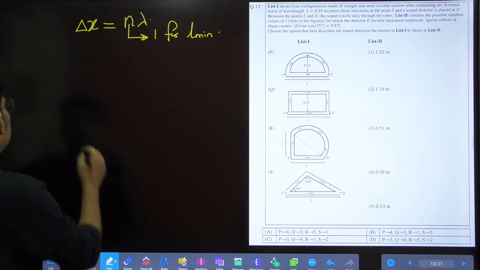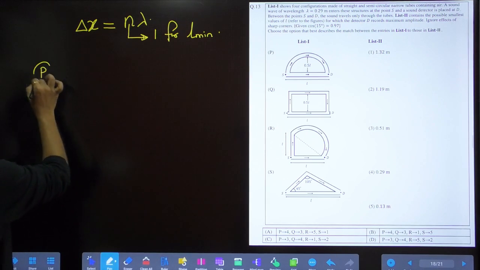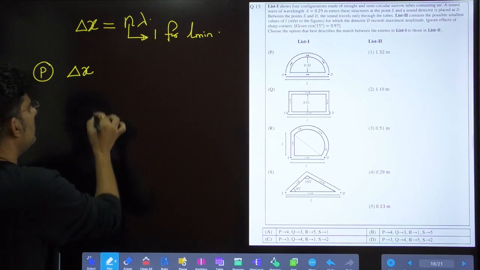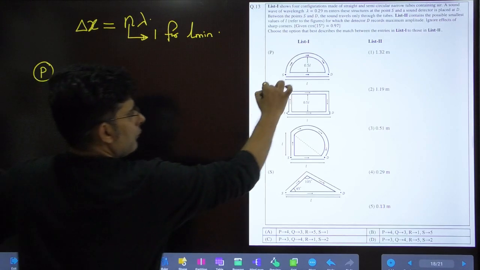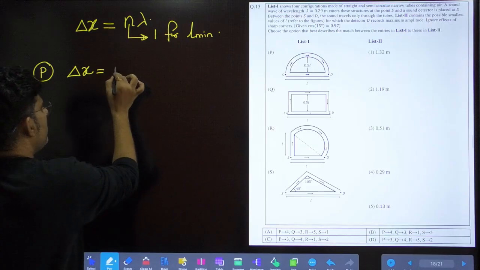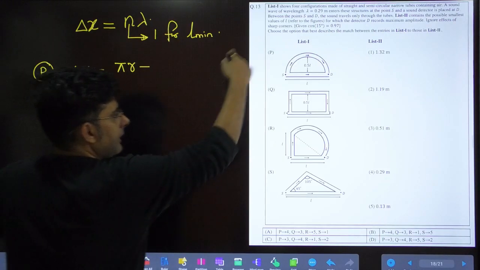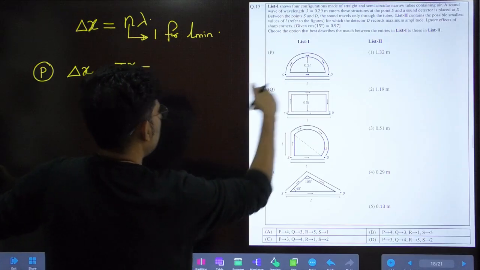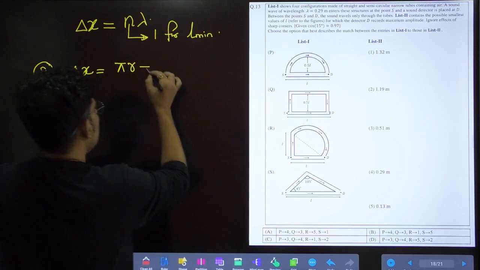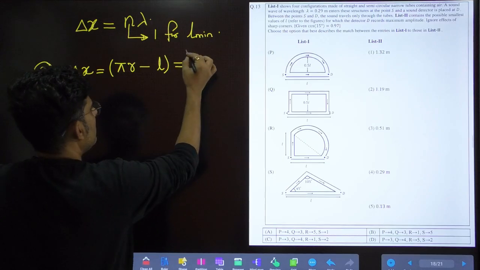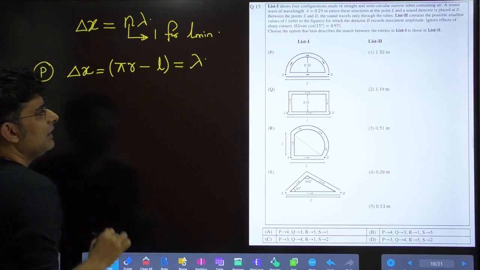So let's start. First one is for P, delta x will be what? One is a semicircle, for which we can write pi r is the length travelled, and the straight length from S to D is L. So pi r minus L. Now this value is to be equated with lambda. Now what is r?